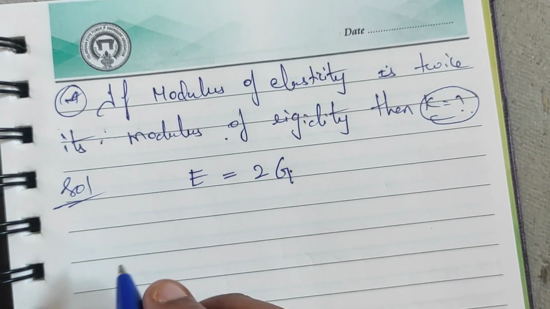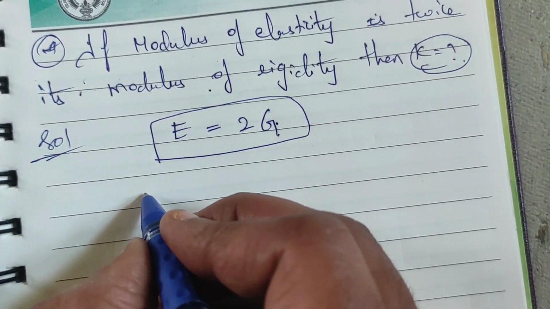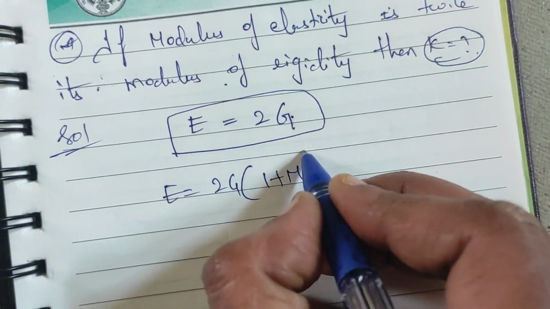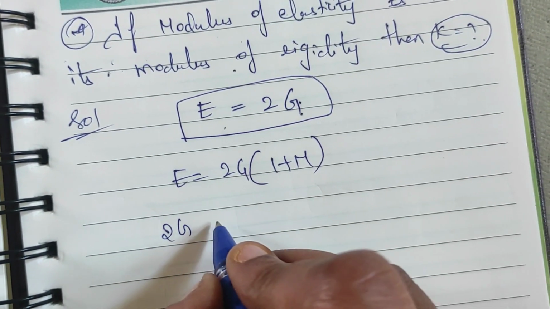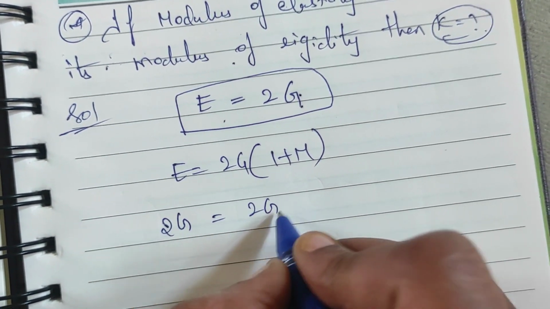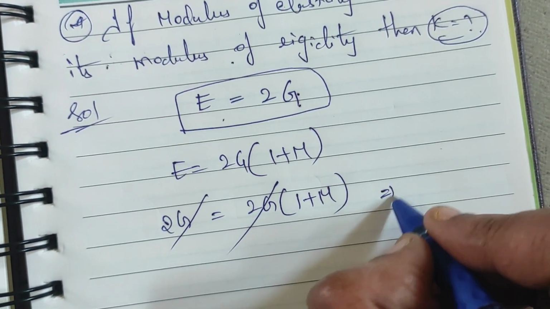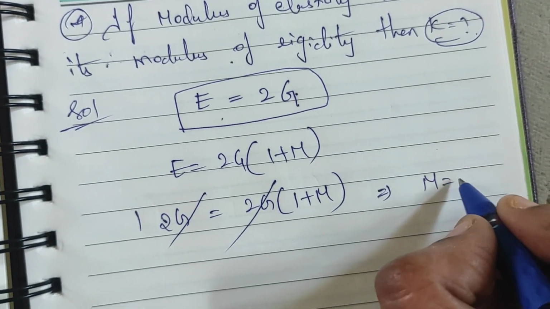Understand? So this statement is given in the question, and next E is equal to 2G into 1 plus mu. Here E is equal to 2G, given. Substitute this here: 2G is equal to 2G into 1 plus mu. This gets cancelled, so mu is equal to 0 we get.